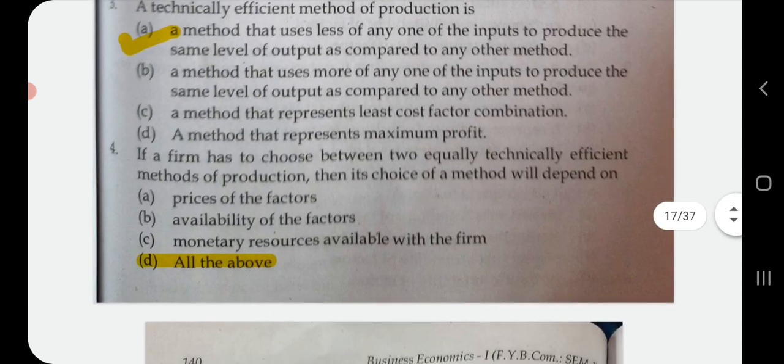The next question, if a firm has to choose between two equally technically efficient methods of production, then the choice of method will depend on all of the above. Read the three options A, B, C above: price of the factors, availability of the factors, and monetary resources available with the firm.